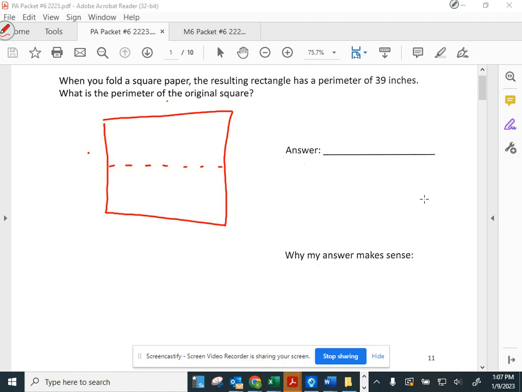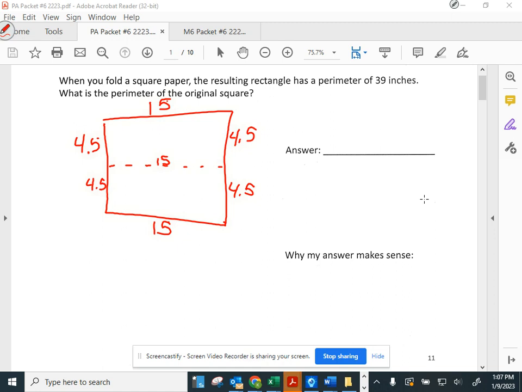So we could come up with some numbers. Let's say, I'm going to guess this was 15 and this is 15, and this would be 15, right? So 15 plus 15 is 30. Well, I know that it's 39 inches, so I need 9 inches on the sides. So this half is 4.5, and then this half would be 4.5, and this would be 4.5.